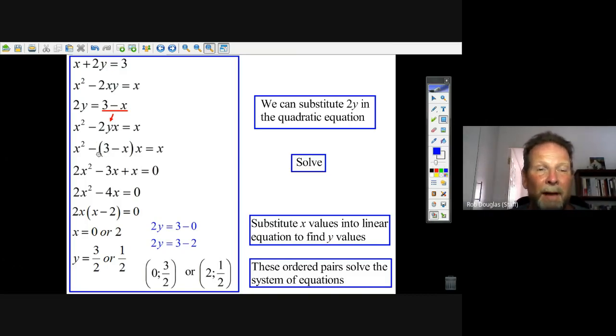I put in a bracket here to make sure I don't make any mistakes. You can make it y equals or x equals and substitute, but it's a lot more complicated. This is a much easier way to do it.